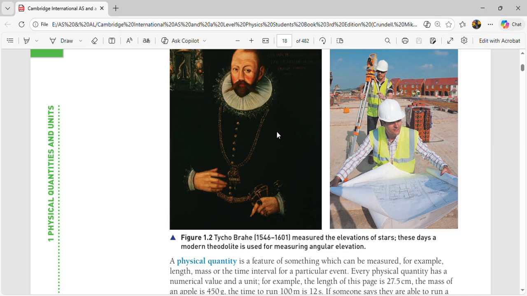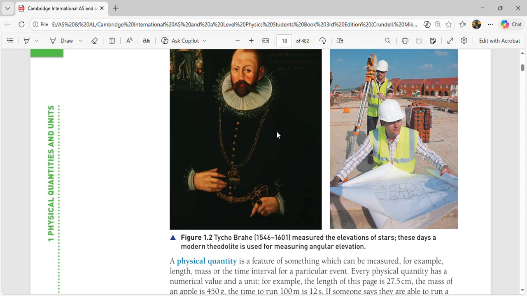There are very many to mention but a few. We also have acceleration. All those ones are physical quantities. So they are most of the terminologies that we use in physics.